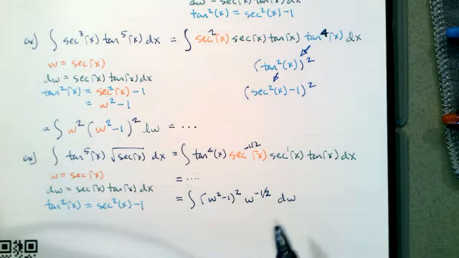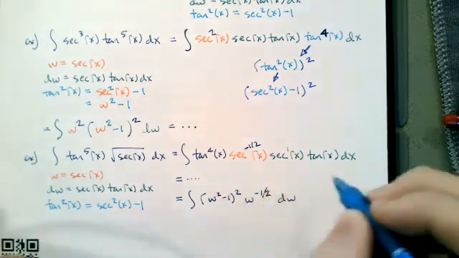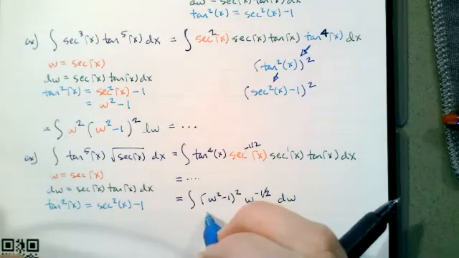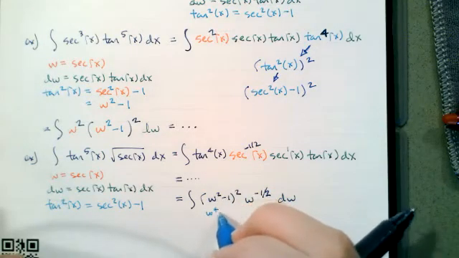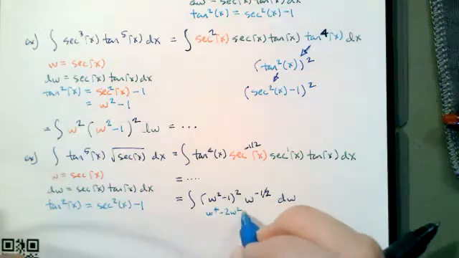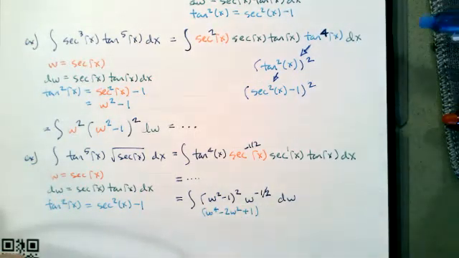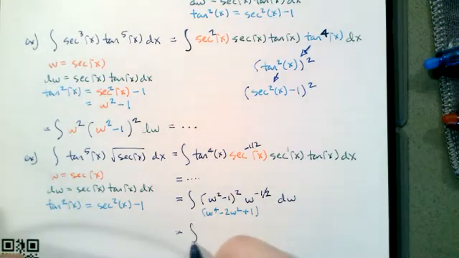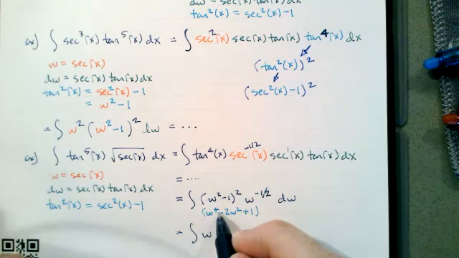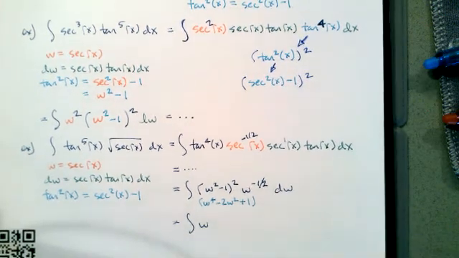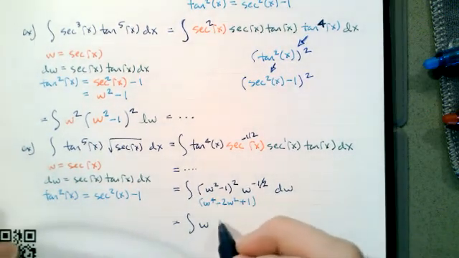So inside, we have a w to the 4th minus 2w squared plus 1, if we just multiply that out, and then we'll distribute the w to the negative 1/2. So I'll have w to the 3 halves, wait, no, 4 halves, 4 is 8 halves, so 8 minus 1 is 7, right?